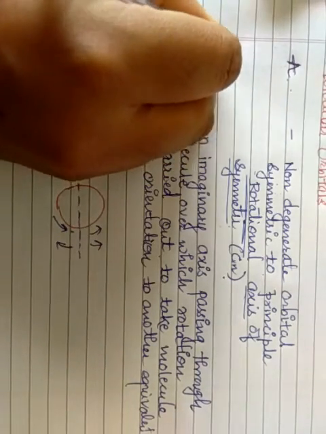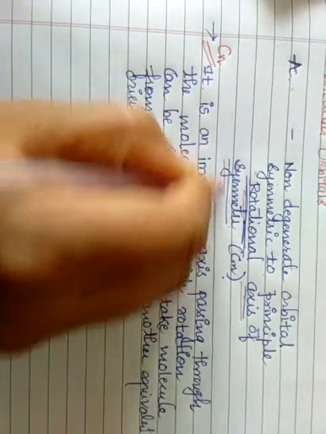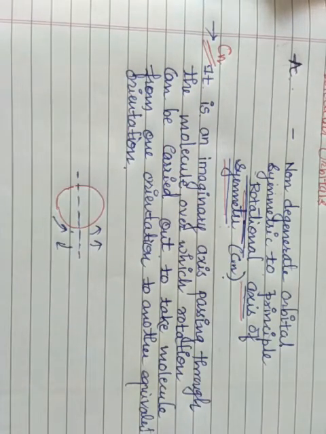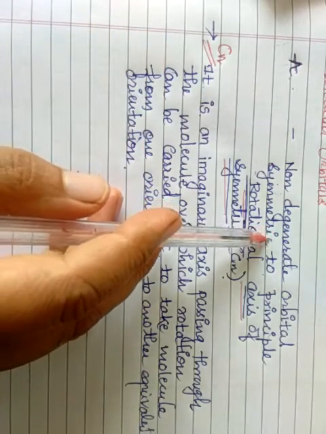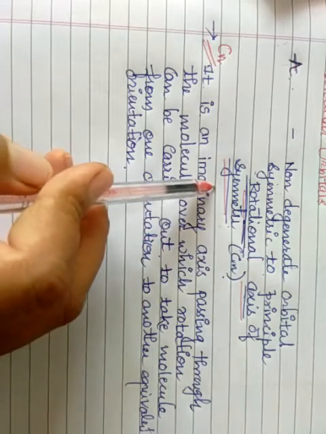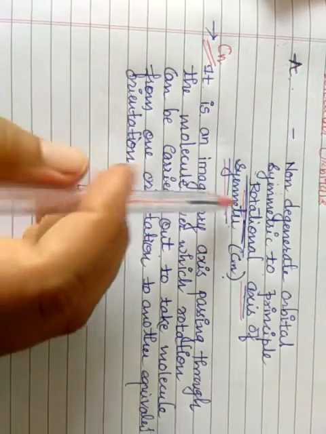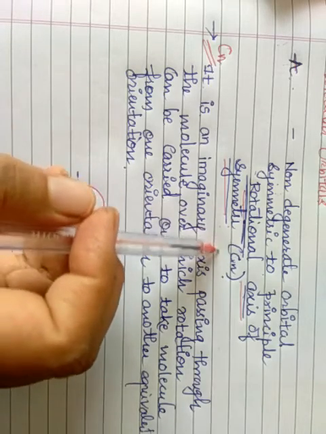I have told you the definition of Cn: it is our rotational axis of symmetry. Here they have told about a non-degenerate orbital symmetric to the principal rotational axis of symmetry, that is Cn.